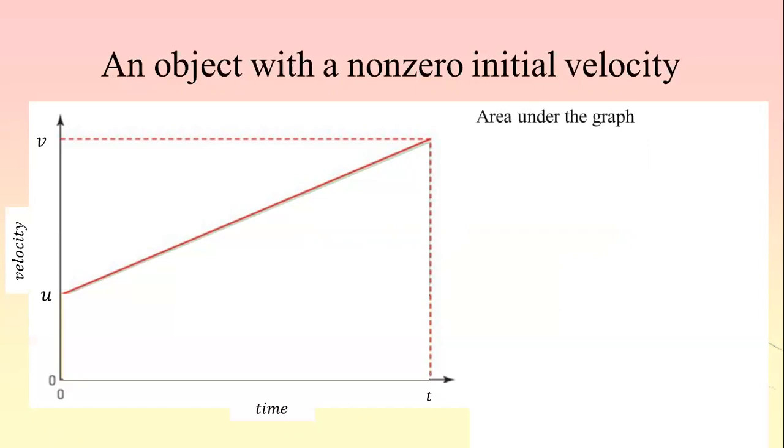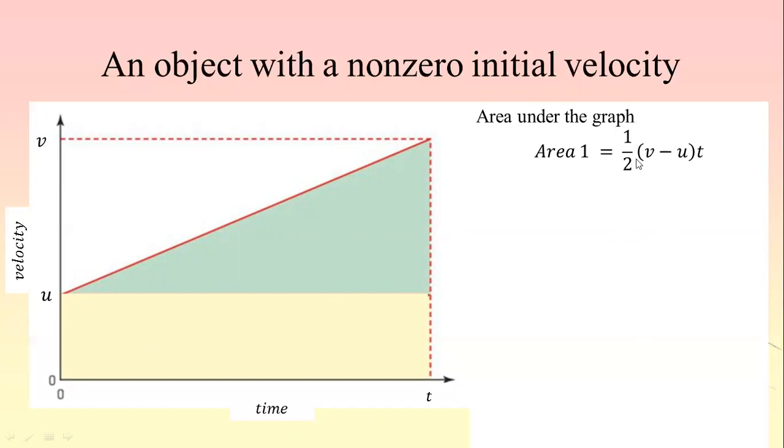Next, let's look at the area under the graph. Notice that the area under the graph can be divided into two parts. The first part will be this triangular area over here, and then the next part will be this rectangular area. So if we assign the triangular area to be area 1, then it will be equal to 1/2.